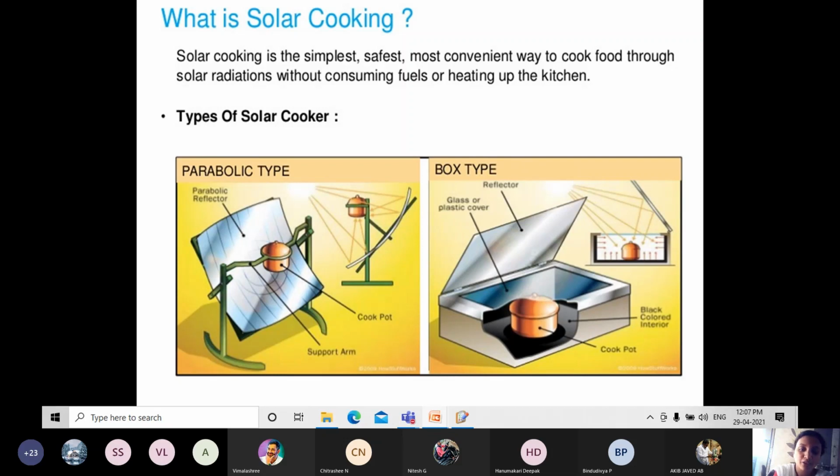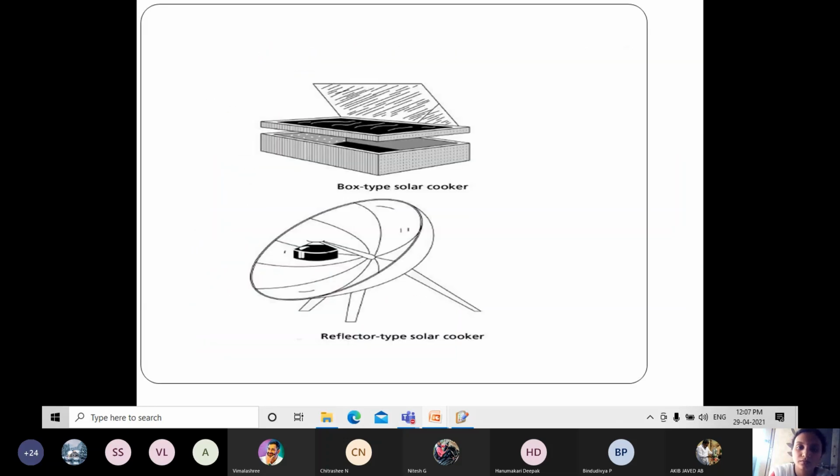If the sunlight is not focused exactly on the cooking pot, then it is difficult to prepare the food. If the sunlight is not focused exactly on the cooking vessel, the food will not cook efficiently. This is the problem in the parabolic type.